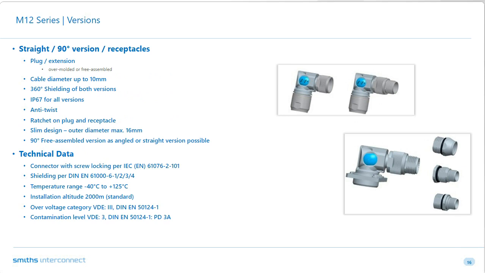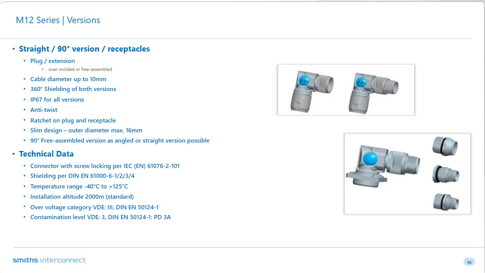Again, I'm not going to labor too much on this slide particularly, other than pointing out a few aspects of the product. In terms of the straight or 90-degree versions, firstly, the point I'm really trying to bring out is, go back to one of those slides earlier where I talked about how, typically in a product that we design, the electrical contacts are designed in a way that they are able to carry, typically speaking, 30% more current carrying capacity.